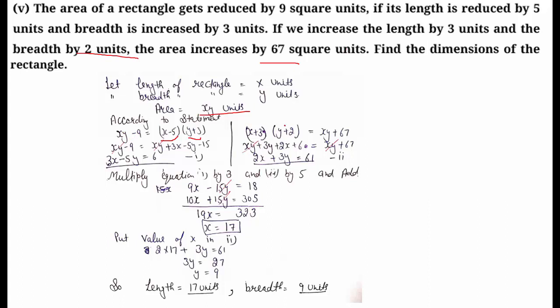According to the second, (x plus 3) into (y plus 2) equals xy plus 67. On solving, the first equation is 3x minus 5y equals 6, and the second equation is 2x plus 3y equals 61. Using the elimination method, you can solve this. The length will be 17 units and the breadth will be 9 units.